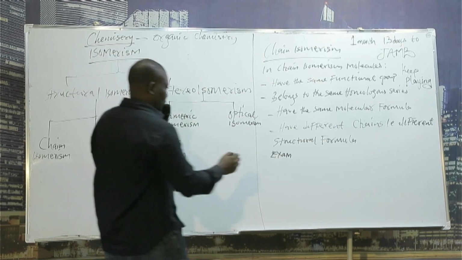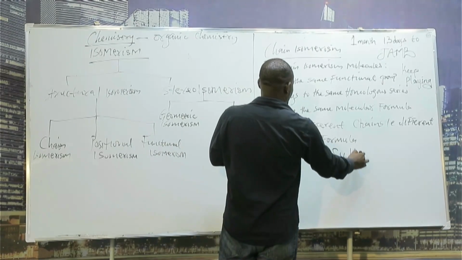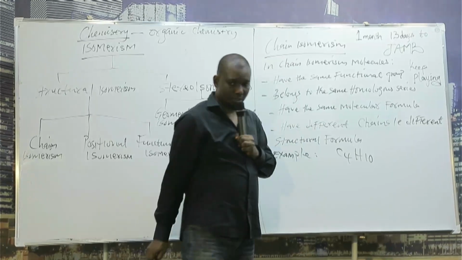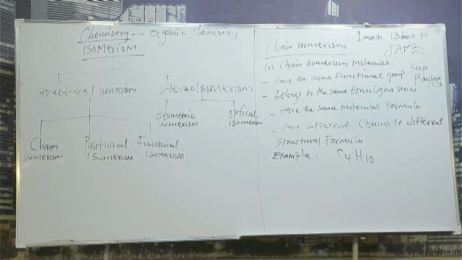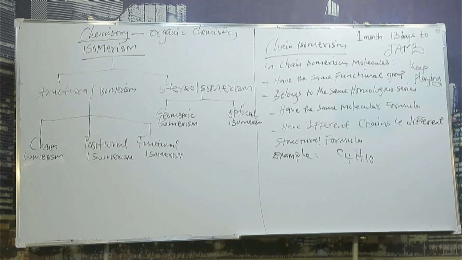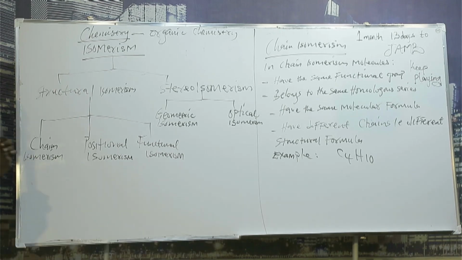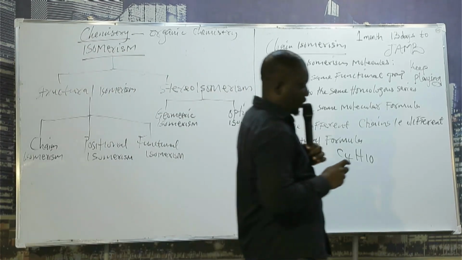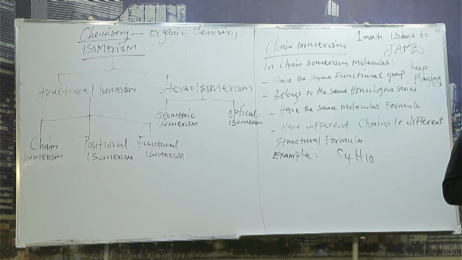So an example is C4H10. C4H10 will tend to form how many isomeric compounds? 2. And you find that the two isomers are chain isomers because one of the features of chain isomers is that they will have different chains.